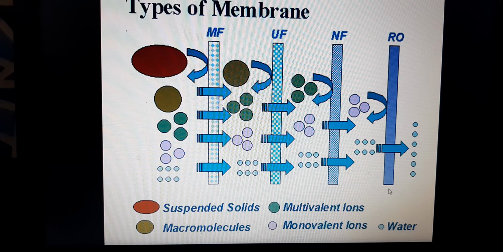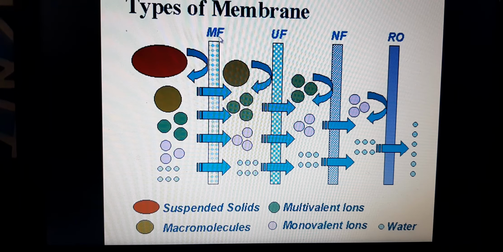See, this is very important. The water molecule only passes through this RO. So RO is a very advanced and useful method. Nowadays it is useful for all types of industrial effluent treatment, and it is very costly and a very advanced method used in industrial wastewater treatment. Understood?